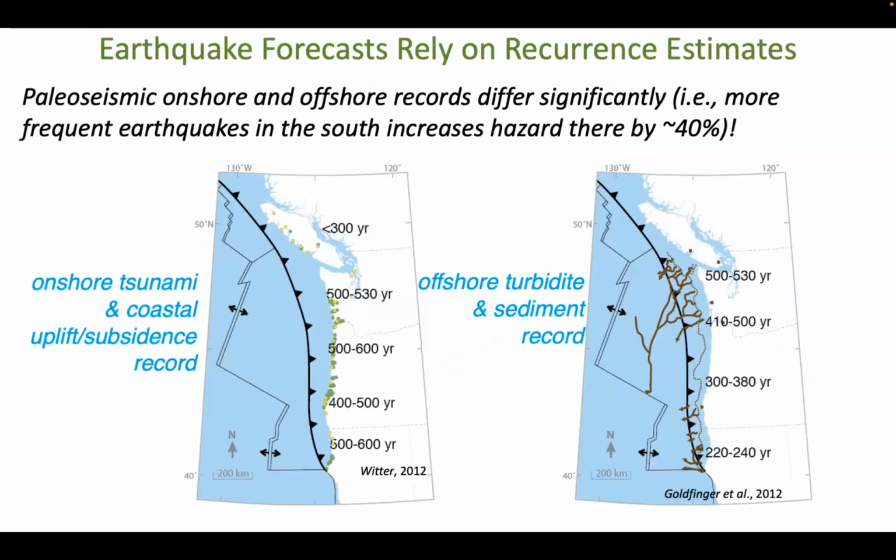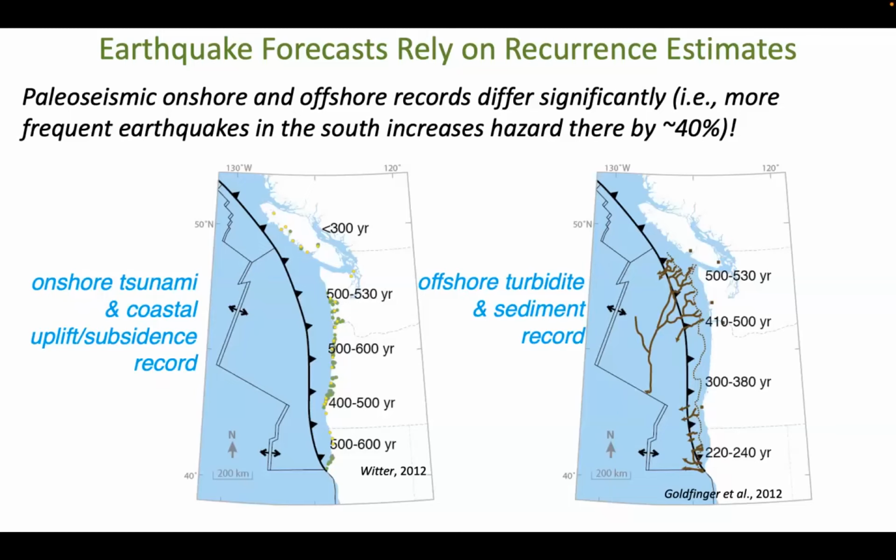Okay, another example is in forecasting and prediction. And this is driven by the need to understand megathrust earthquake recurrence. What has long been noted, even though Cascadia has probably the best paleoseismic record of anywhere except maybe Japan, is there is a big discrepancy between the offshore record, as defined by turbidite interpretations, and the onshore record, as defined by tsunami and coastal uplift and subsidence observations.